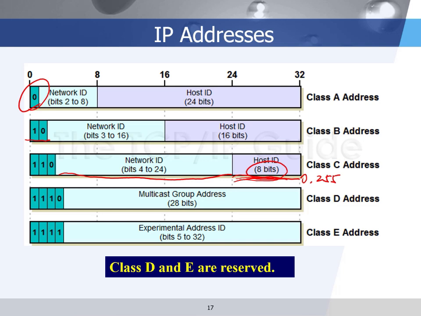So maybe we can have 2 bytes for the host number part. In this case, we can probably give them one Class B IP network so that they can have more host numbers for their machines. So these are the reasons why we have Class A and B and C IP address. They are designed for different sizes of organizations.